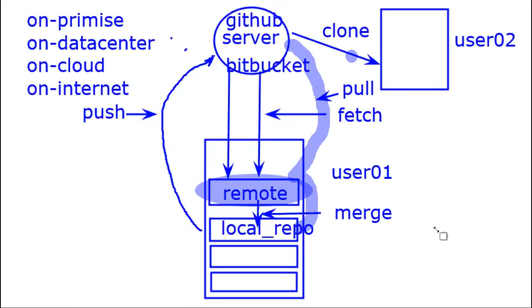They want to create their own private servers and limit their users to these private servers only. So they will set up a private server. Now we will learn how to set up that private server. Instead of GitHub, we will work with our private server and then we can start working with that.